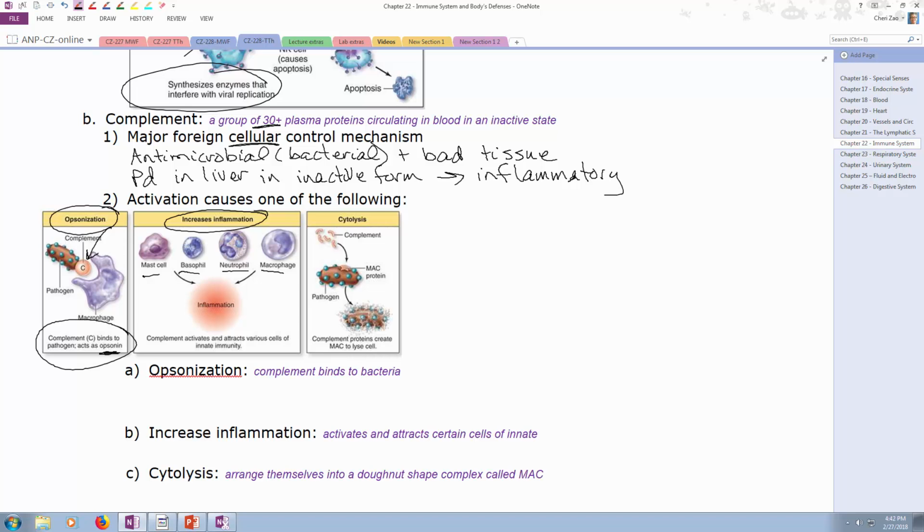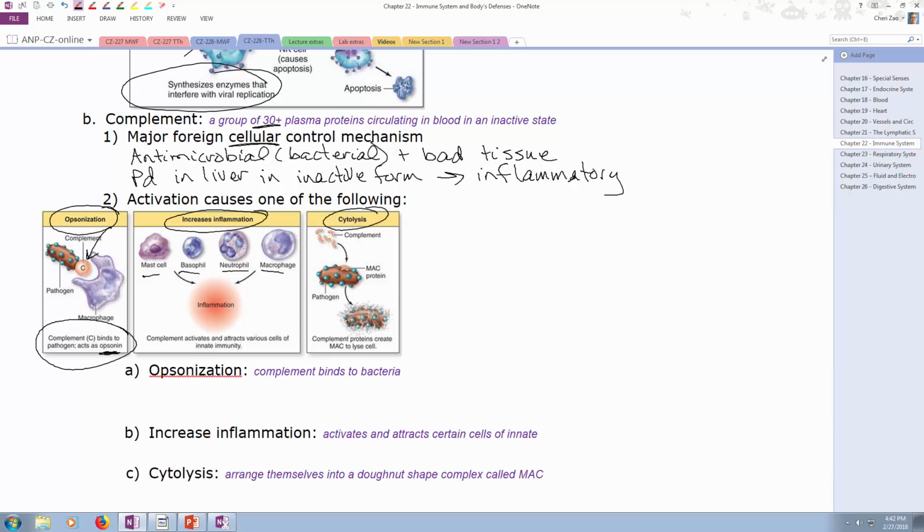Complement also does this cytolysis. That means cut the cells up, destroy the cells, make them explode. And what happens is, you have to understand there are 30 different complement proteins out there, and we're activating various different complement proteins, not all of them at the same time.